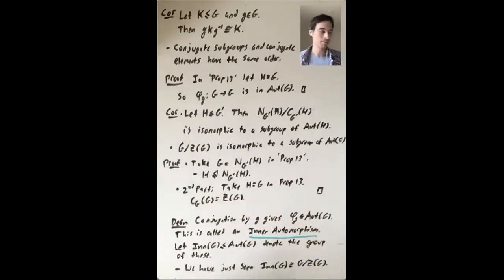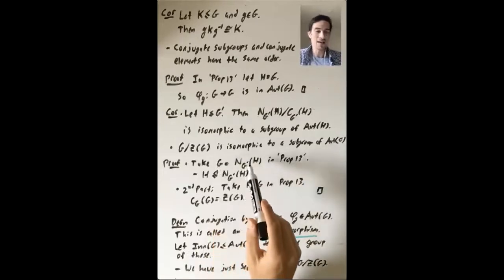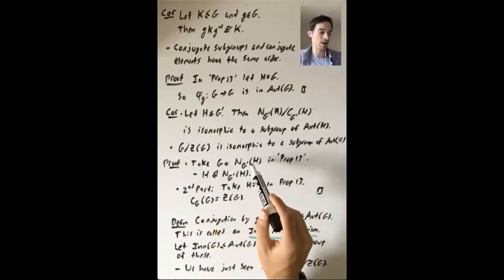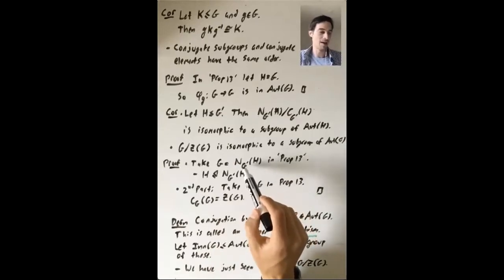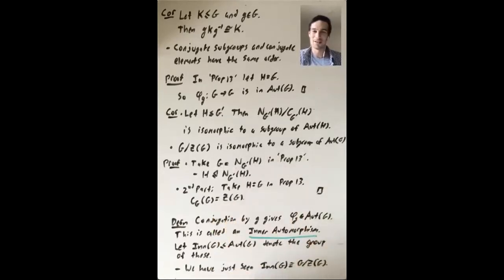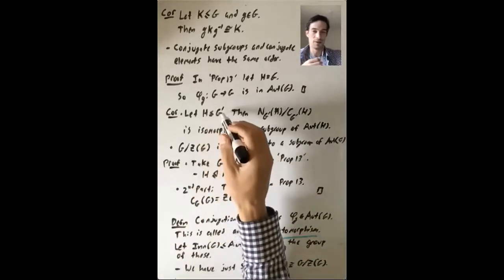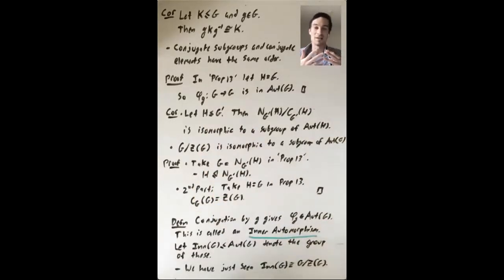So for the first part, in proposition 13 from last time, let's take the group G to be whatever the normalizer in G prime of H is. This is why I want to use a different letter, G prime. I don't want to say take G to be equal to the normalizer of H in G, because it's a different group. So what I'm saying is you start with any subgroup of a group. You take its normalizer.